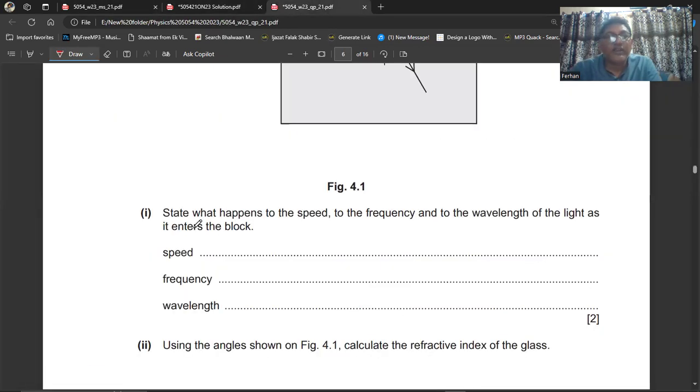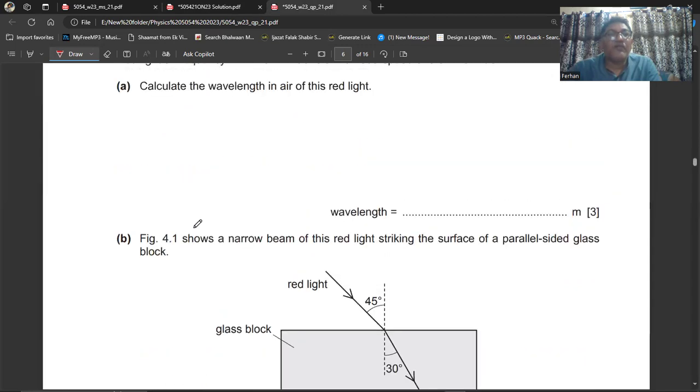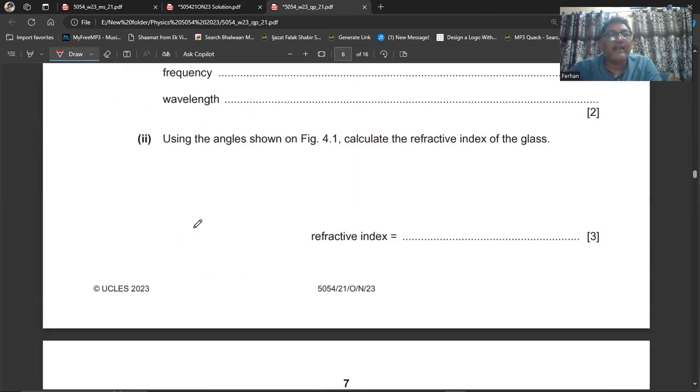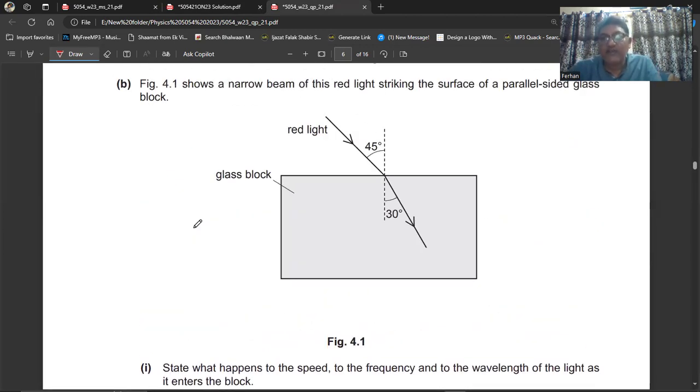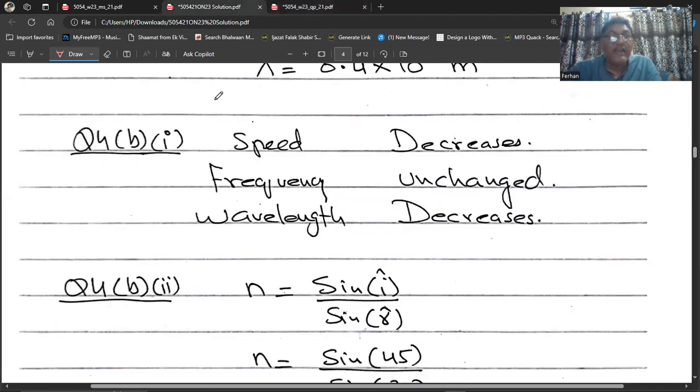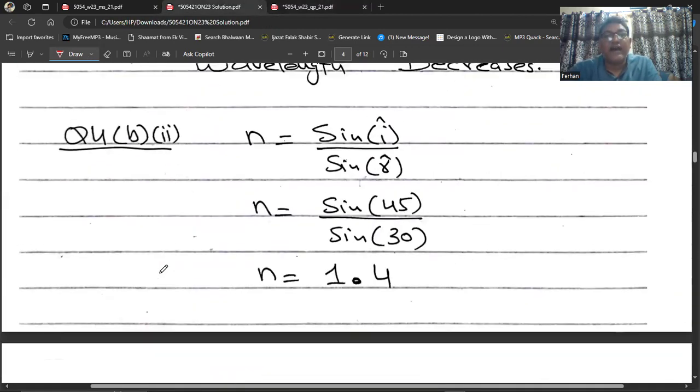My answer. Okay. So question number 4B, and I'm going to the second portion. He says using the angles shown in the figure 4.1, calculate the refractive index of the glass. You know the formula for the refractive index: n equals sine i divided by sine r.